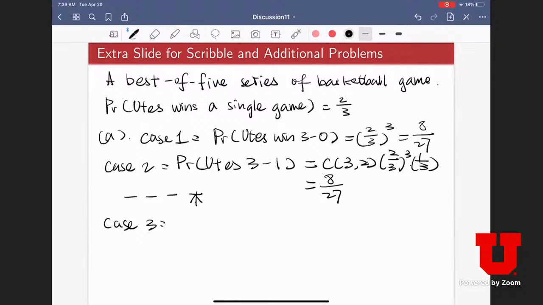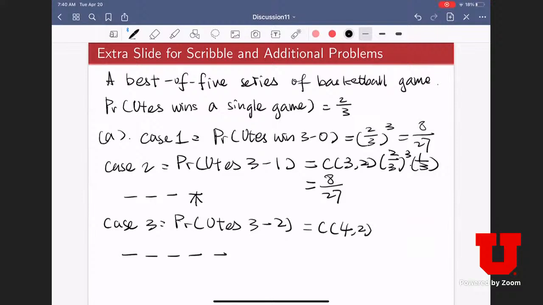And here our case 3 is we have a total of 5 games. And now we want to pick 2 from the first 4. So we just choose 2.